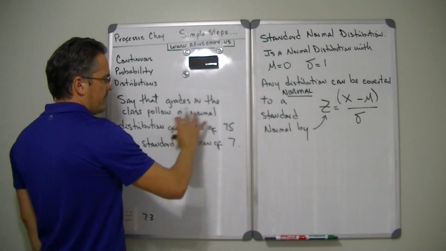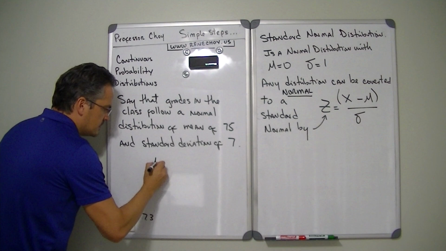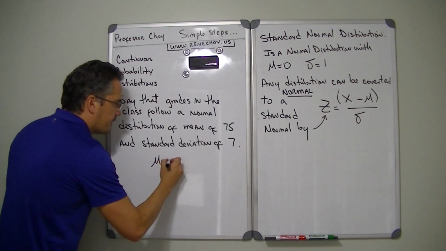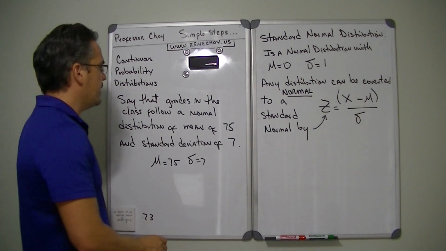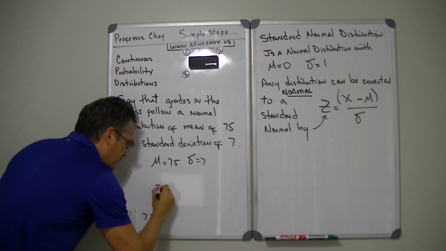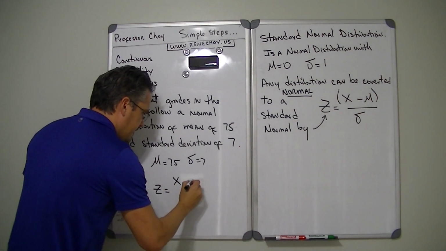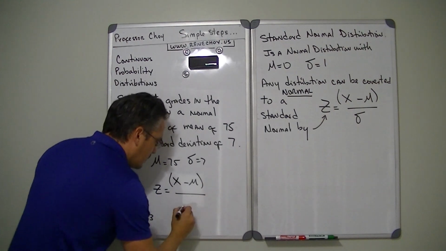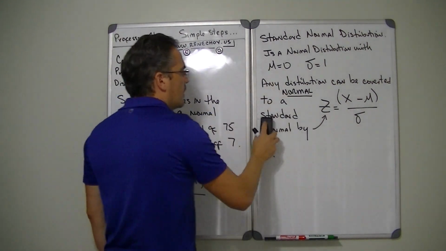So this is our distribution that we got. So our mu is at 75 and our sigma is at 7. Now let me transfer that formula over here, because we're going to have to use it a lot. So z equals x minus mu over sigma.